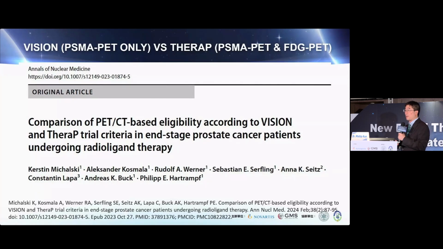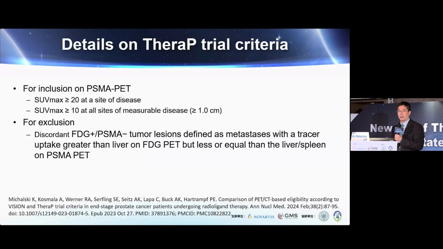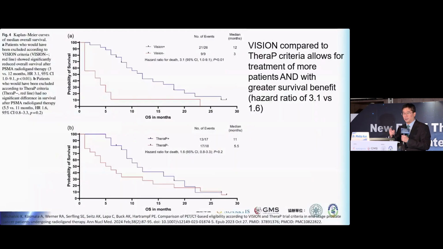All right. Another more interesting paper that's come out recently is out of this group, they compared the VISION criteria with the VISION-therapy criteria, okay? Because there are different FDG PET, PSMA PET criteria. And therapy has SUV max as well as measurable sites of disease, SUV 10. And very interestingly, I'll jump to this, they found that the VISION compared to the therapy, just like we found, allows for more patients to be treated. Okay, when you add FDG, you actually exclude more people.